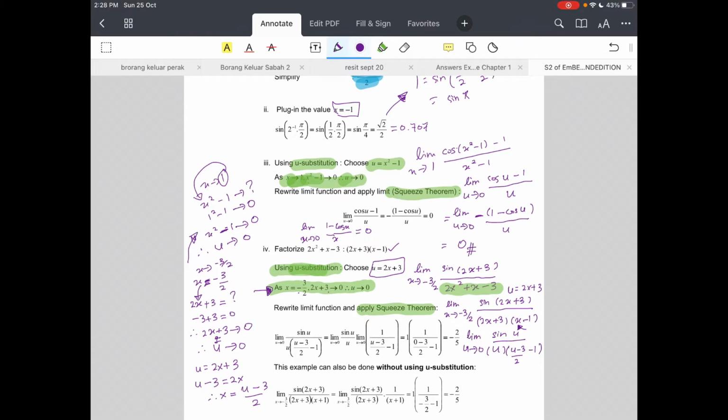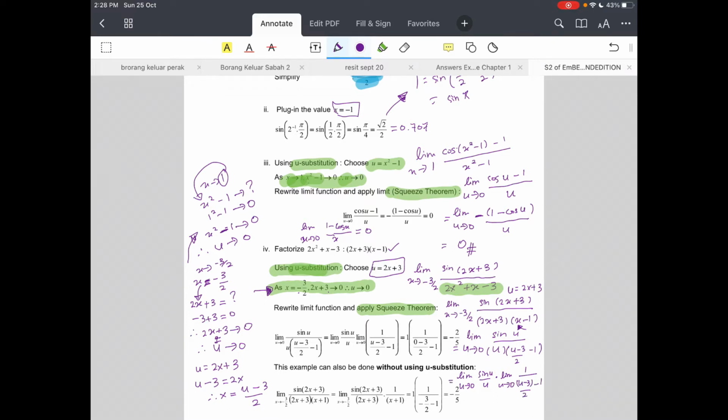From here, you can split them up using the limit product properties. So limit, not x, should be u. Limit u approaches 0 of sine u over u times limit u approaches 0 of 1 over u minus 3 over 2 minus 1.